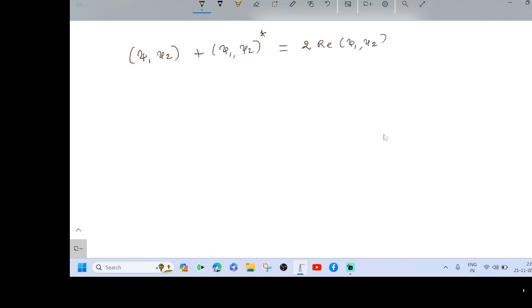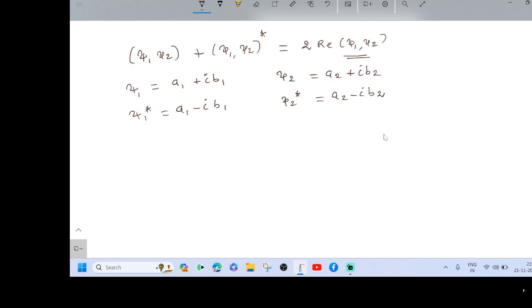First of all, find out the real part of psi 1 psi 2. For that, assume that psi 1 equals a1 plus I into b1, psi 2 equals a2 plus I into b2. Then psi 1 star equals a1 minus I into b1, psi 2 star equals a2 minus I into b2.